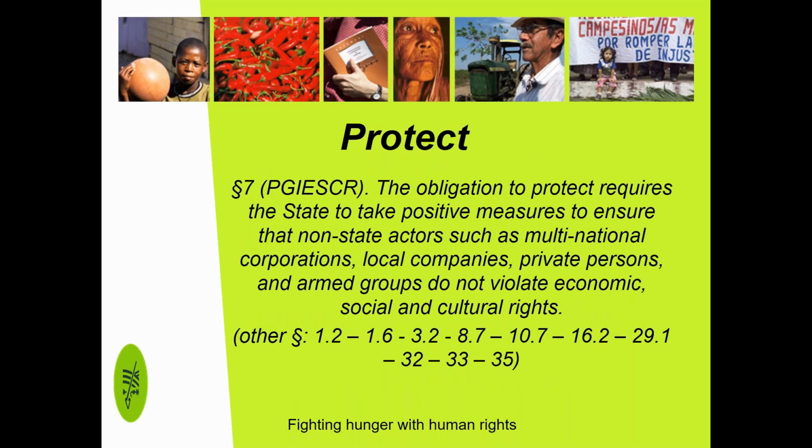And the obligation to protect, from the same paragraph 7 of these principles and guidelines, requires the state to take positive measures to ensure that non-state actors, such as multinational corporations, local companies, private persons, and armed groups, do not violate economic, social, and cultural rights. And you have a set of those paragraphs which can be helpful.